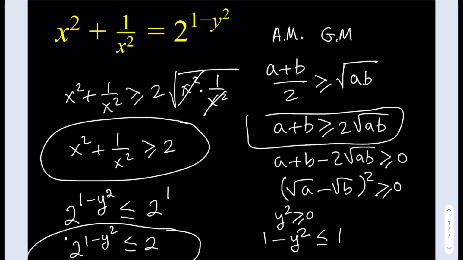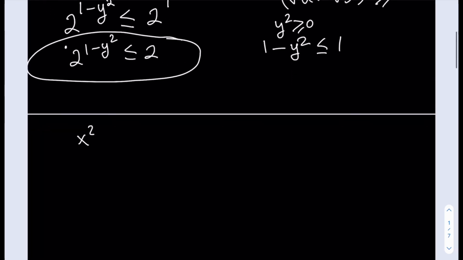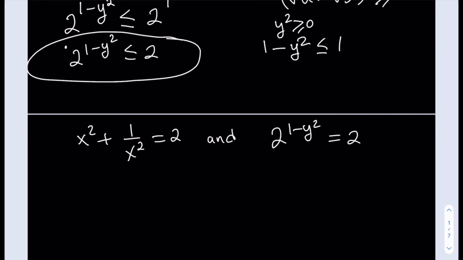The only way this is going to work is if both sides are equal to 2, meaning that this needs to equal 2 and this needs to equal 2. See, this is the beauty of using an inequality to solve an equation, because we get two equations from one. All right?